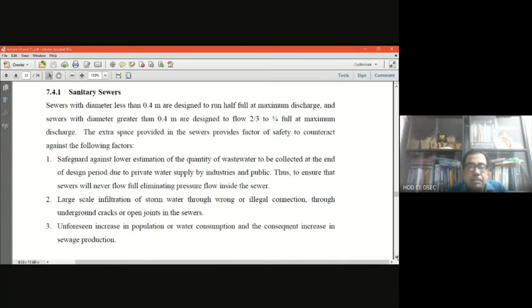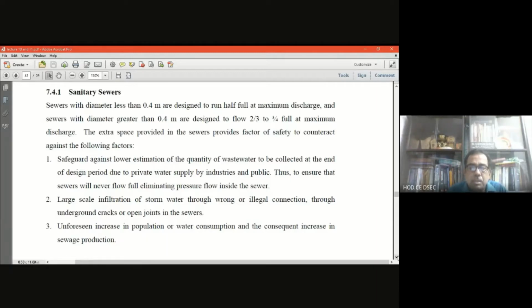Now, large-scale infiltration from stormwater through wrong or illegal connections, through underground cracks or open joints in the sewers. Yes, stormwater infiltration from the ground also enters the sewers through leakage and faulty connections of the joints and valves.